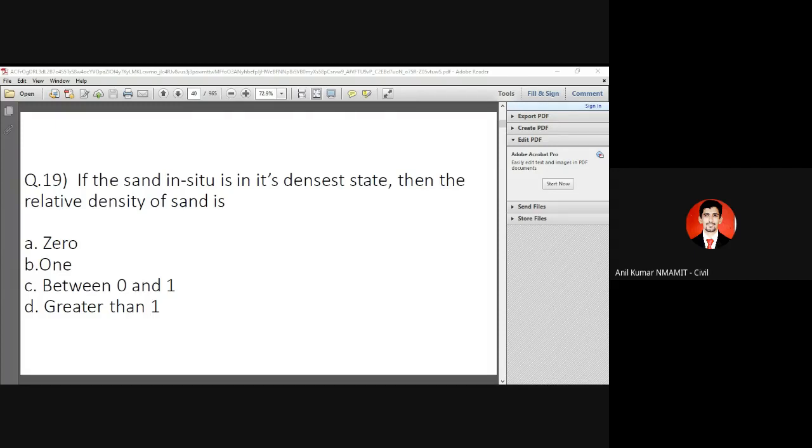Yeah, 2 answers is done. Yes, others, two more. Simple problem it is. He says that the in situ, that is e value, is equal to e max.